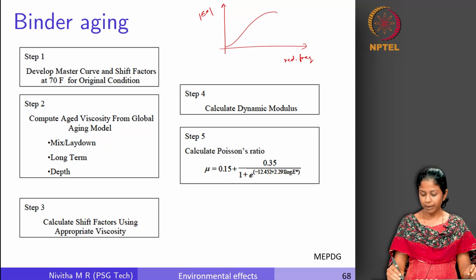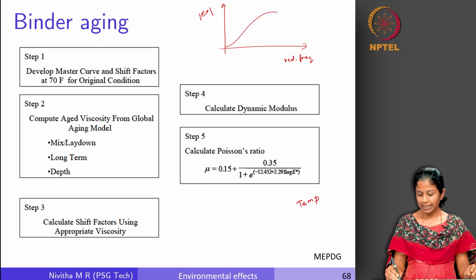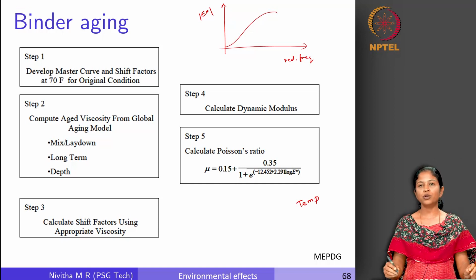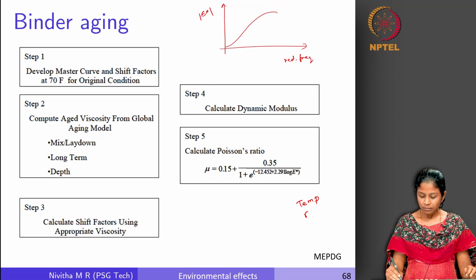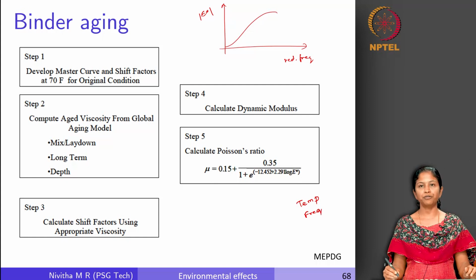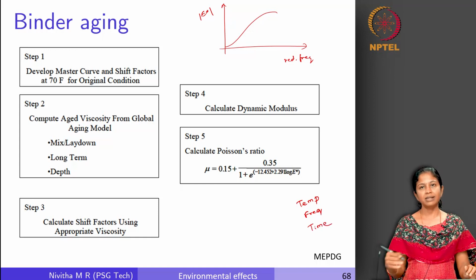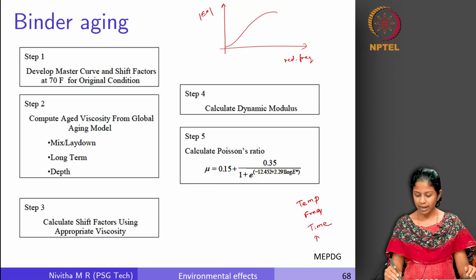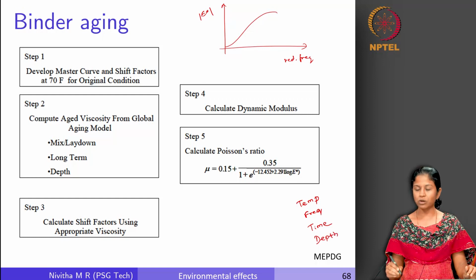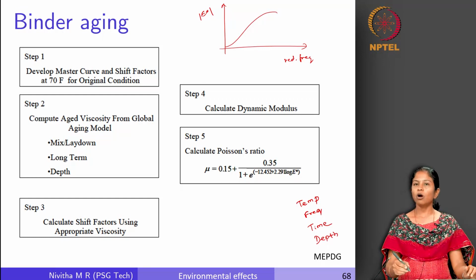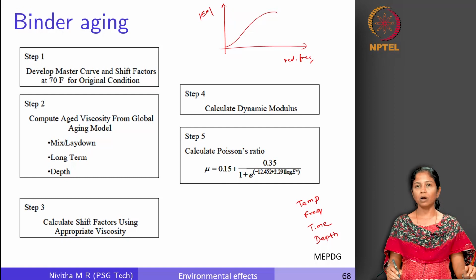As the frequency of loading varies there is going to be variation in viscosity, and as the time varies there is again going to be variation in viscosity. So, all these effects have to be taken into account when we are calculating the revised modulus.